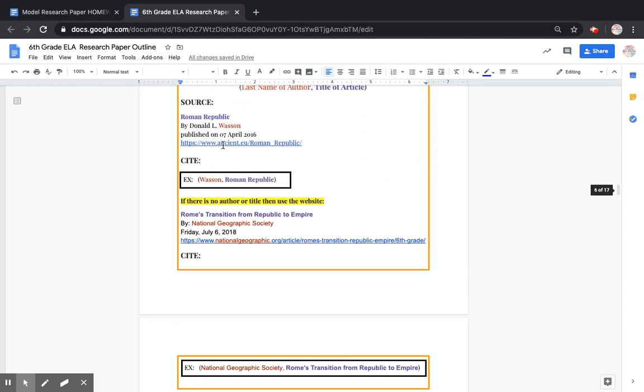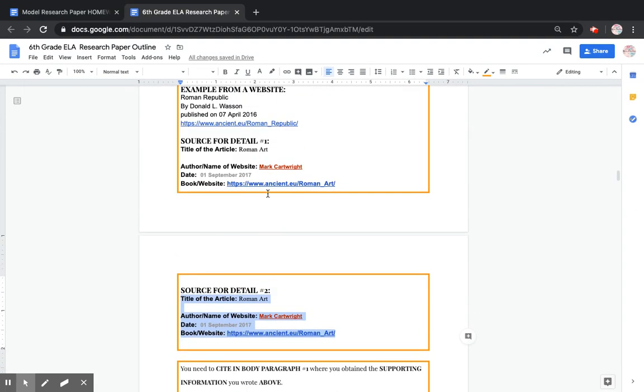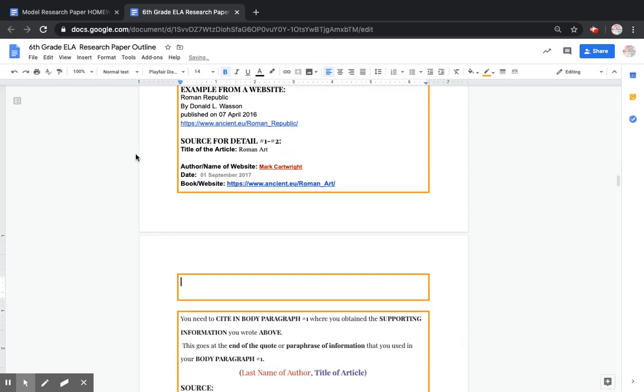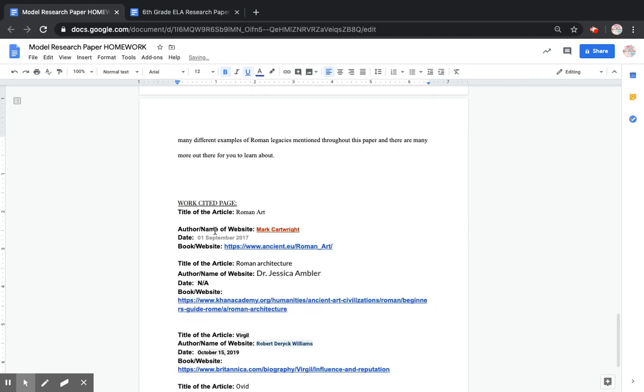So we have that source right here. There we go. All right, so we're going to copy that. And it was the same for 1 and 2, so you could have just put it and then number 2 and not even have had this one here. See how that works? So then you just put this one because it's our very first one that we cite.